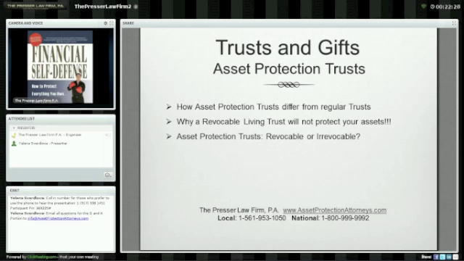So again, just to recap, the reason why a revocable living trust will not protect your assets is because it's revocable. So anything that you, as the settlor or grantor, put into the trust, you can take out, which is great because you control it, but it's not great for asset protection. Because again, if you're ever sued, a judge can order you to take it out and give it to the creditor.